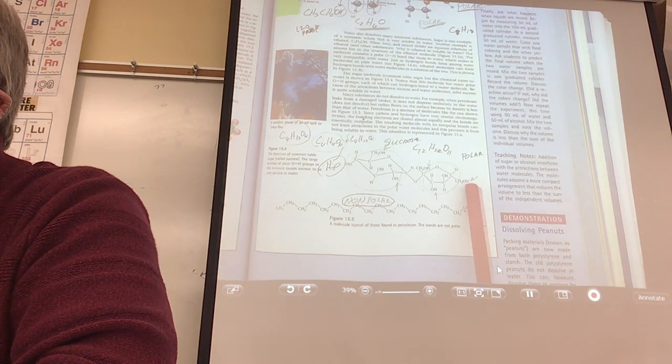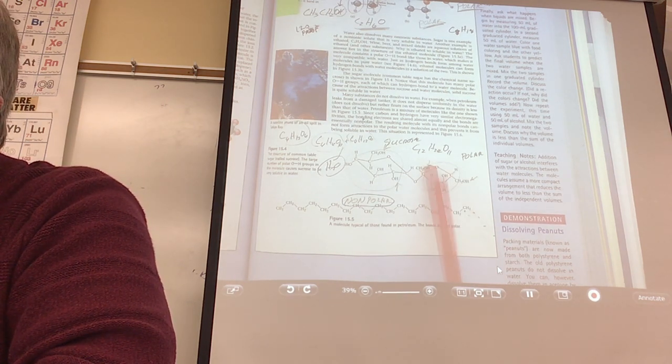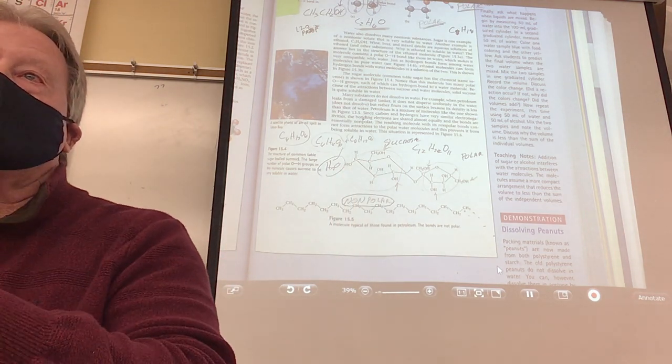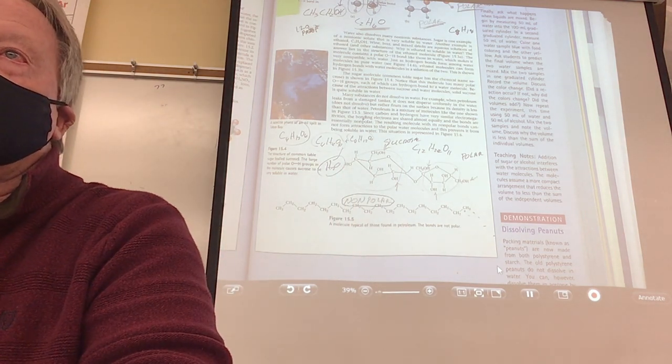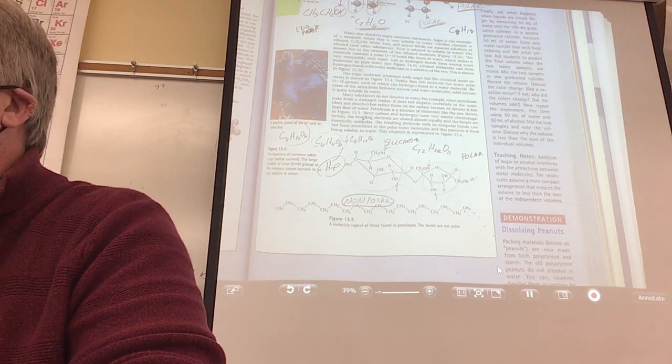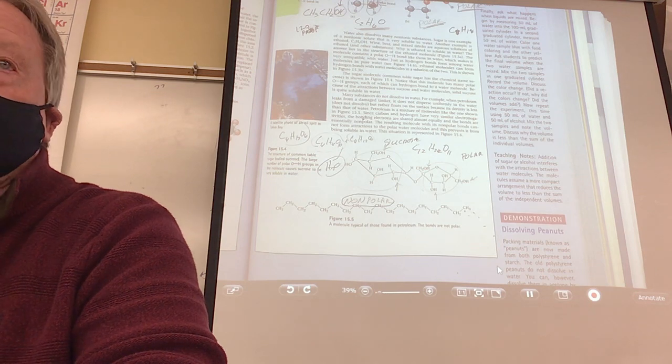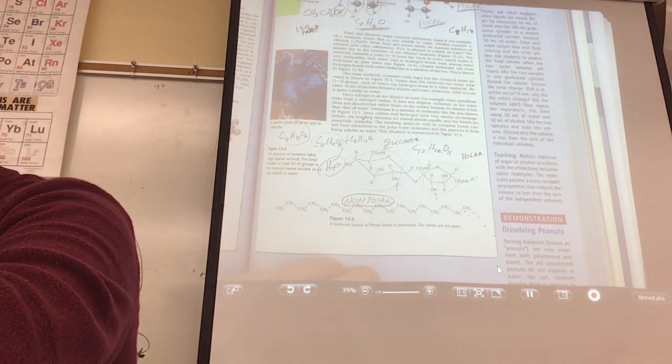And so you're going to have a polar bond here and here and here and here and here. So there are many places on this sugar that are going to be polar. Do you think sugar dissolves in water? Well, now you know why. Because it's a polar molecule.